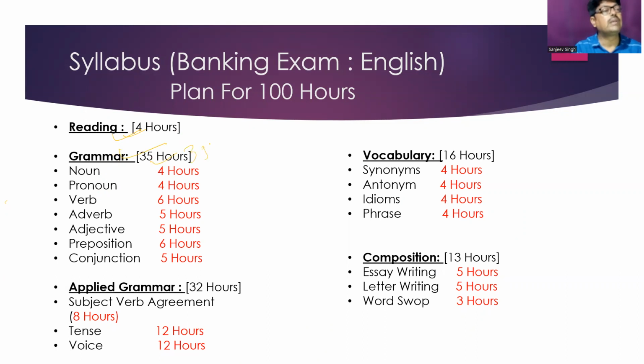If I break it down one by one: for noun, I would take 4 hours; for pronoun, 4 hours; for verb, 6 hours; for adverb, 5 hours; for preposition, 6 hours; and conjunction would take 5 hours.